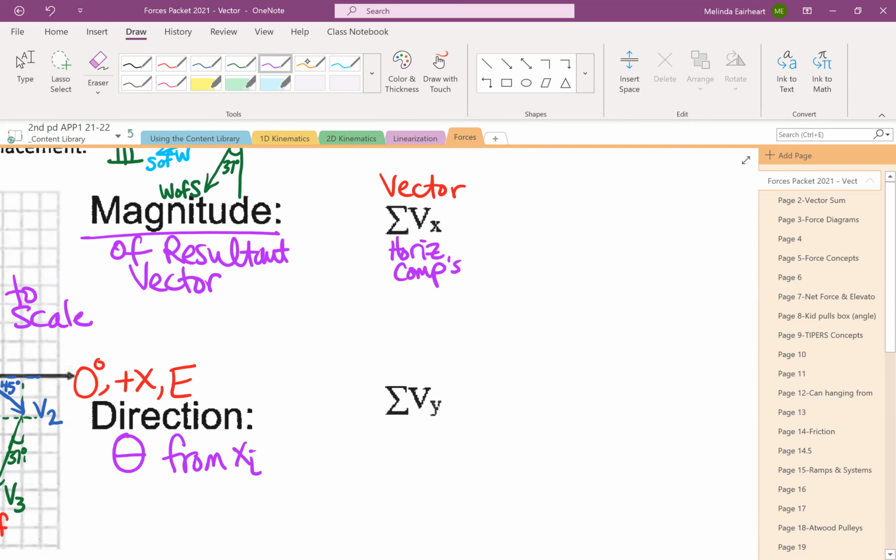Sigma means sum. We saw that previously. You'll see that sigma sign a lot. Not that you have to know Greek, you just have to know what to do. It means you sum the vectors in the horizontal. And then separately, we sum the vertical components.